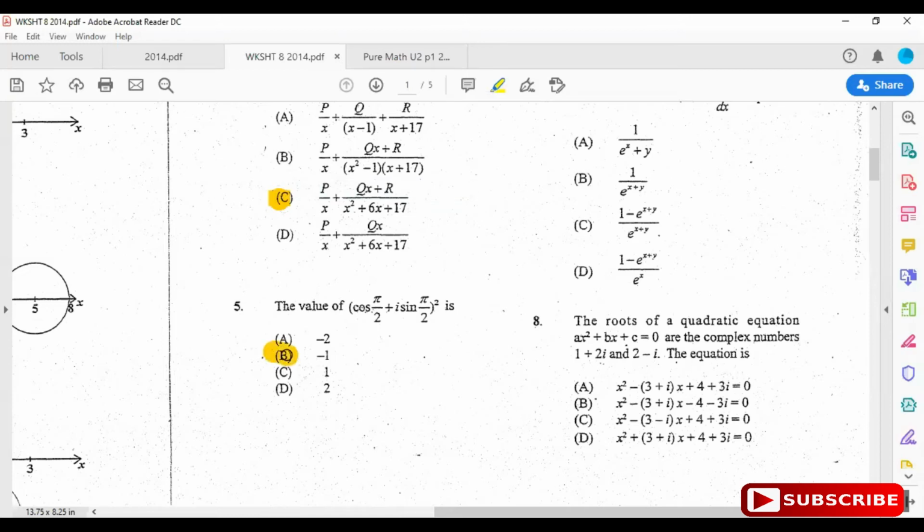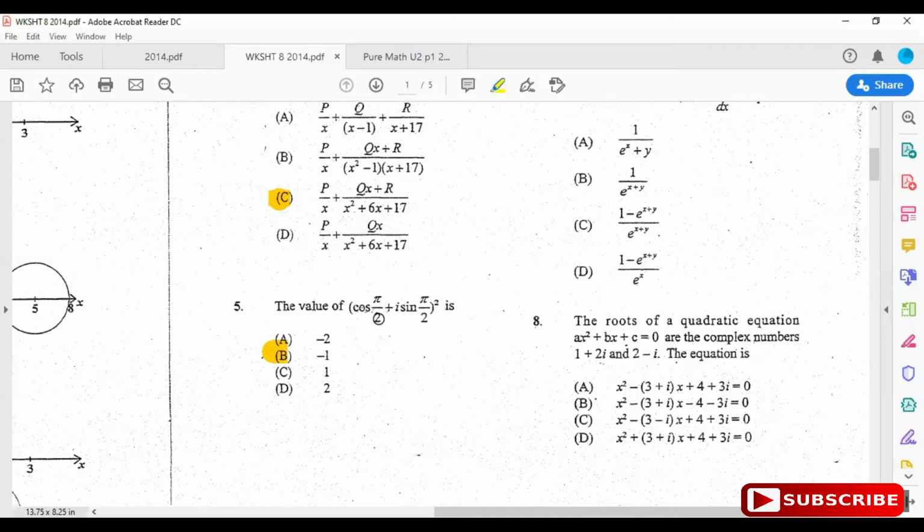They love to put this question, but sometimes the only difference is they put 4, and then another time cosine pi by 4 plus i sine pi by 4 raised to the 4th power. It's still going to be -1. And another time they put cosine pi by 8 plus i sine pi by 8 raised to the 8. That's just going to be -1.